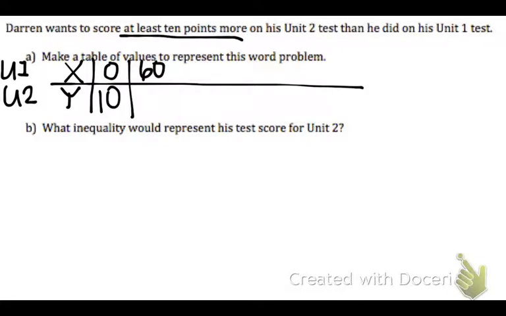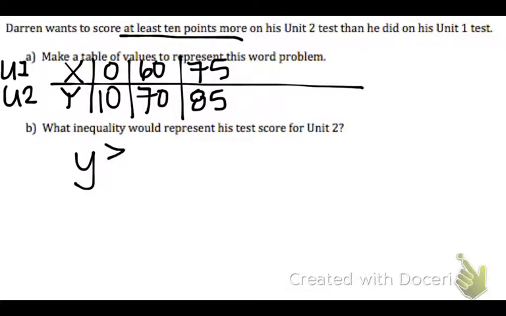He wants to get 10 more, which is 70. What if he got a 75? What's the least he wants to get on Unit 2? He wants to get an 85, and so on. So what you see is that for Unit 2, he wants it to be greater than or equal to his Unit 1 test score plus 10 more.